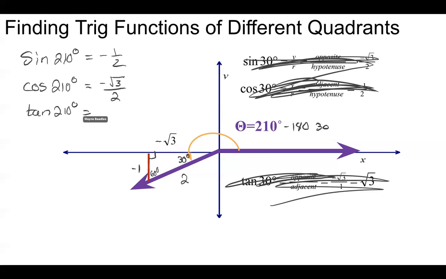And tangent is -1 over negative square root of 3, because it's opposite over adjacent, SOHCAHTOA. Two negatives make a positive, but we can't leave this answer because it won't like that answer. We have to rationalize our denominator. So square root of 3 over 3. So that's our answer.